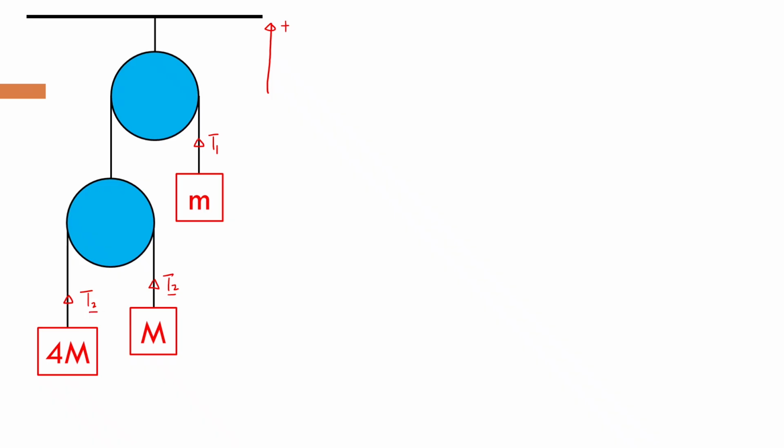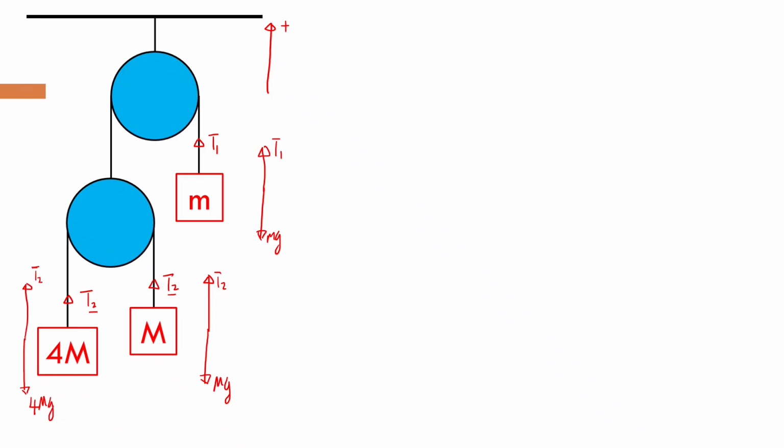Now I can draw the free body diagram on small m, which is mg going down and T1 going up. Very straightforward. And for M right here, I got the same thing: big Mg going down, T2 going up. For 4M, it's the same thing. I got gravity going down, 4Mg, and I got tension T2 going up.